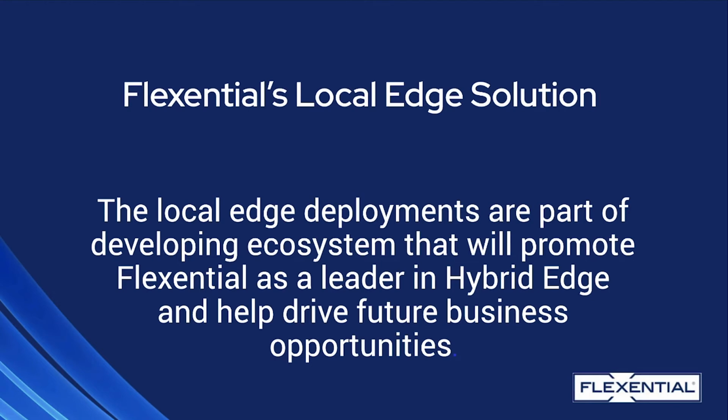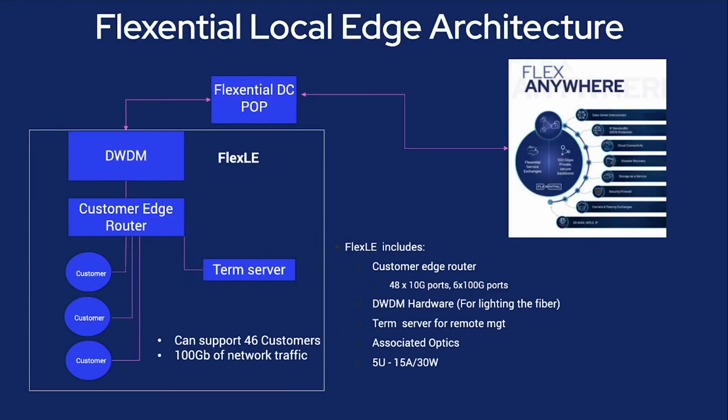But more important, it's going to help drive future business opportunities with customers that have a demand and a need to be out closer to their customers or out closer to the deployments. I'm really excited about it because it's taking the next step of expanding not only our network presence, but expanding our ability to service our customers who want to have those things that we've talked about earlier.